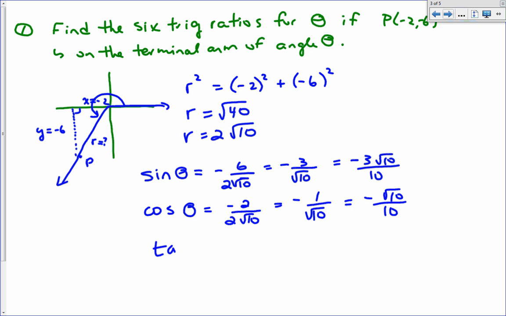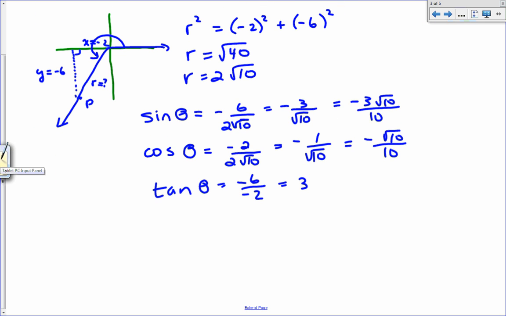And our tangent of theta will be y over x, so -6 over -2, which gives us +3. And we can do the same thing and find our reciprocal ratios. So our cosecant of theta will be 2 root 10 over -6, which, once we simplify that, is negative root 10 over 3.